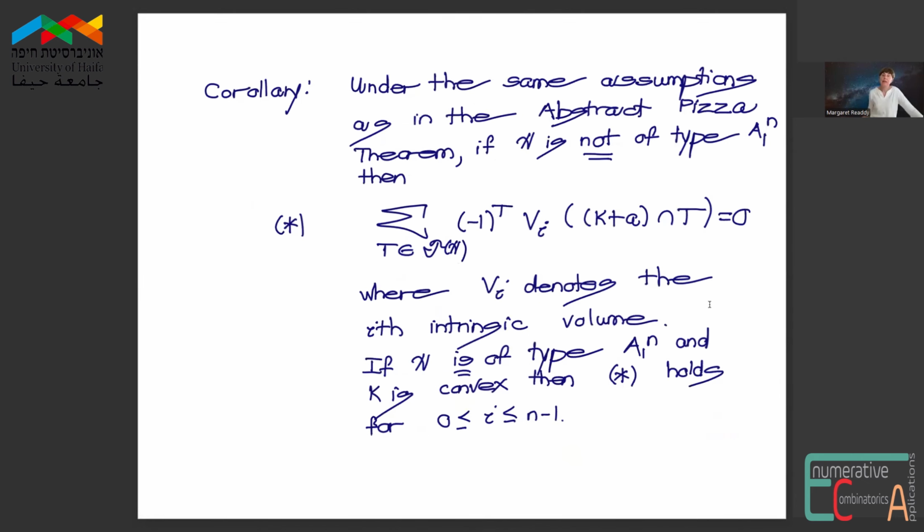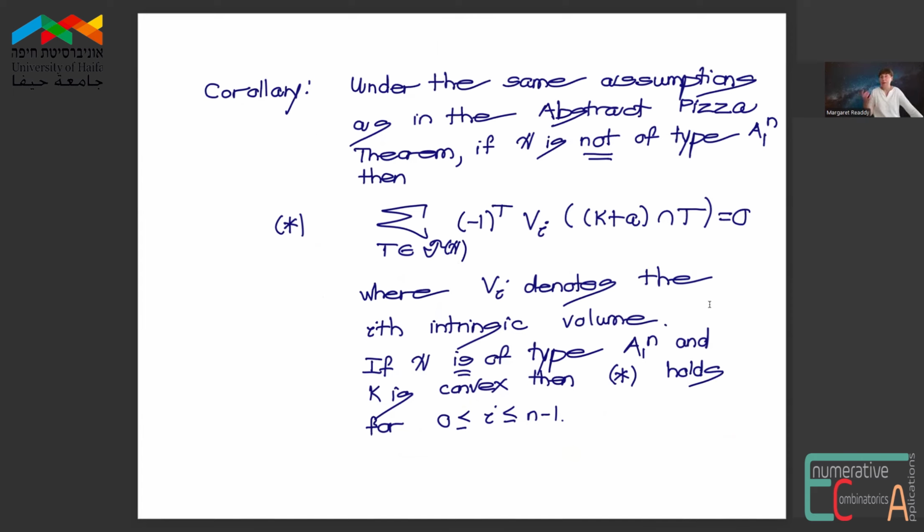So it turns out that if we're back in the case of the abstract pizza theorem, same assumptions, we have 2 cases. So the first is that if our Coxeter arrangement is not type A1 to the n, then this alternating sum of these intrinsic volumes is equal to 0.